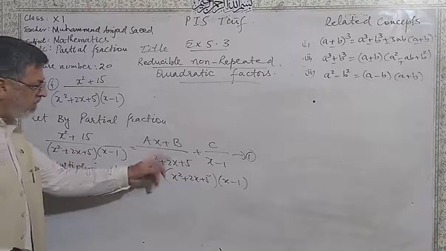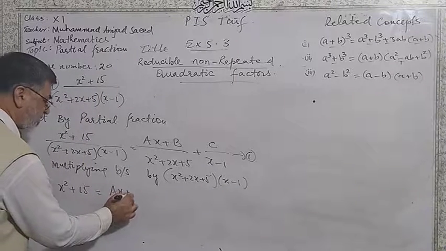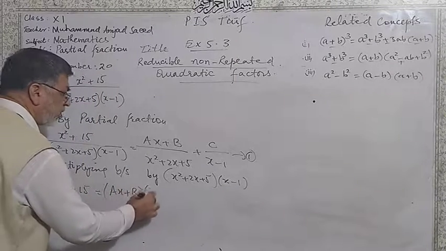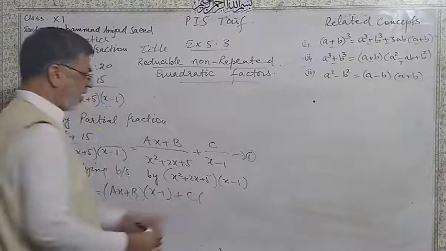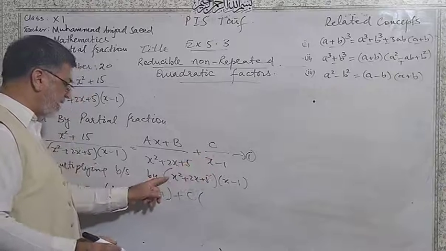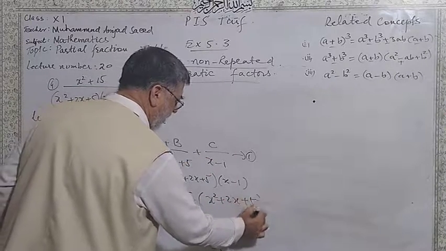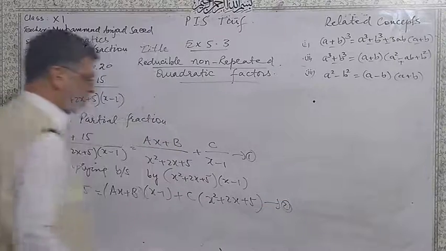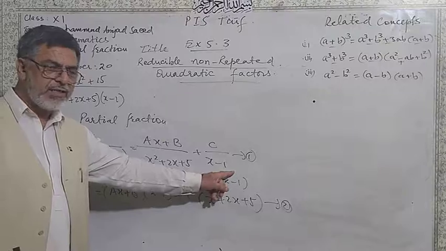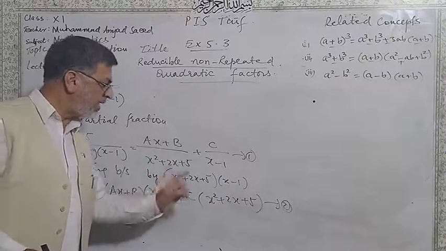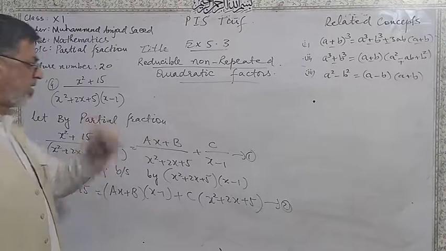And when this is multiplied by the LCM, we are left with ax plus b into x minus 1 plus c into x square plus 2x plus 5. This is your equation number 2. Remember that we have only one linear factor, so we will find one constant by the putting method and the other by the comparison method.